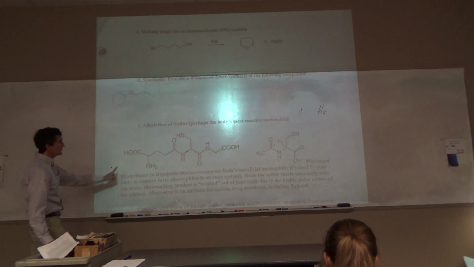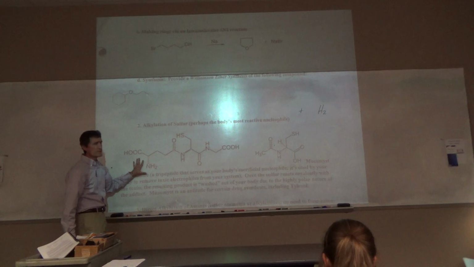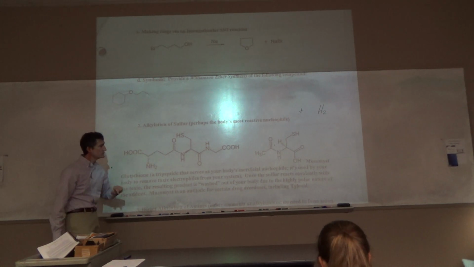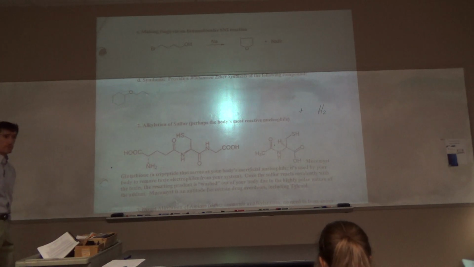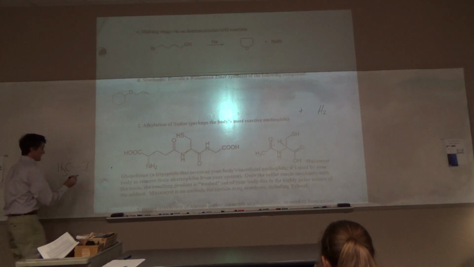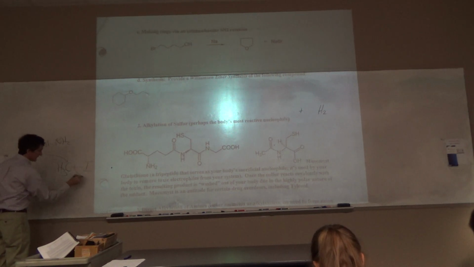Glutathione is a tripeptide that's in your body. Might be able to buy it over at the health food store too, I'm not sure. That reacts as a sacrificial nucleophile. For example, if you're exposed to some type of electrophilic toxin, like methyl iodide, there's a variety of them, it's very toxic because your DNA, which has amino groups, comes in here and kicks that off.